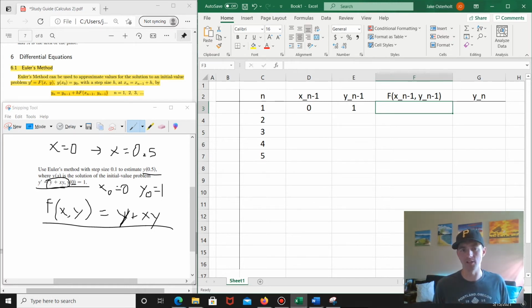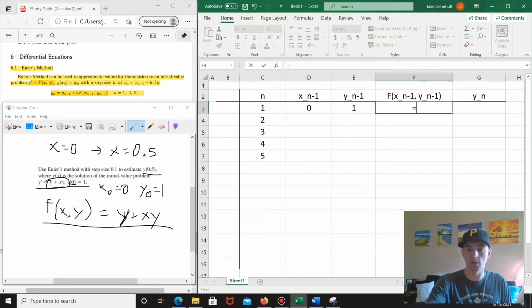So all we would have to do is type equals, and then take our y column, which is this one right here, and you can see it puts that cell right here, and then plus x times y, so our x column times our y column. You can see that this created our formula, which represents y plus x times y, using the cells we have in this row.